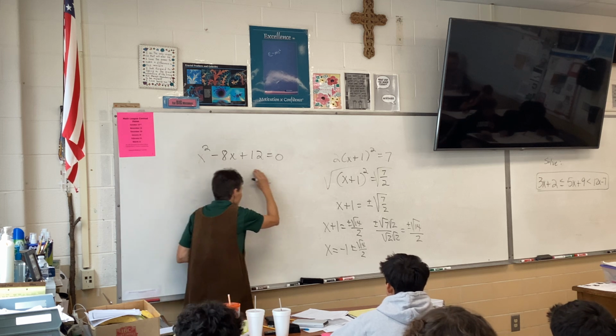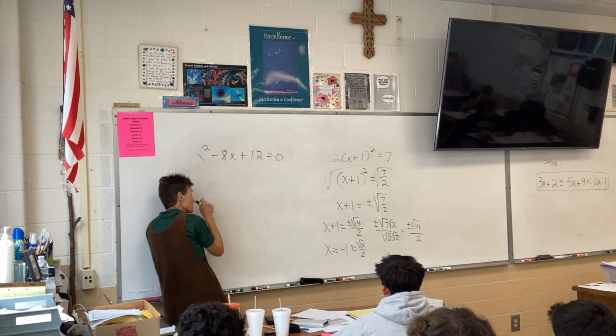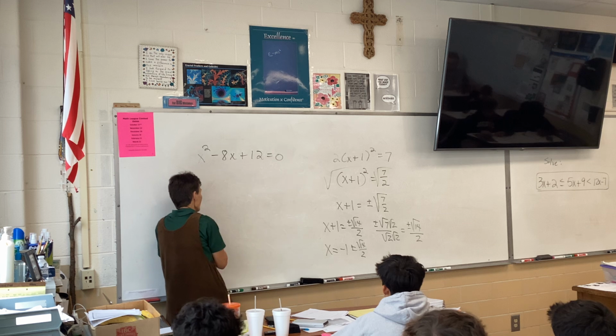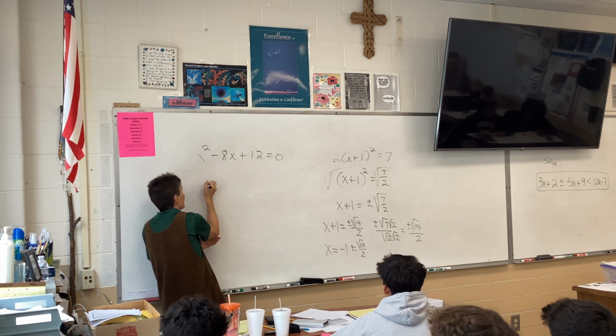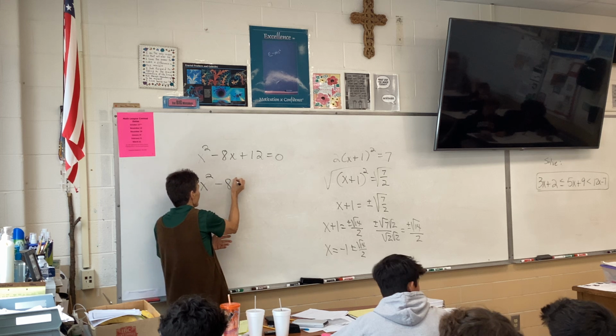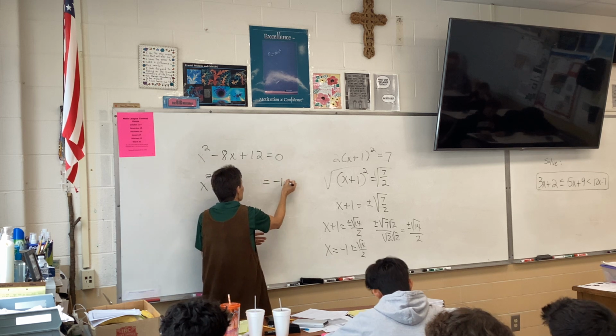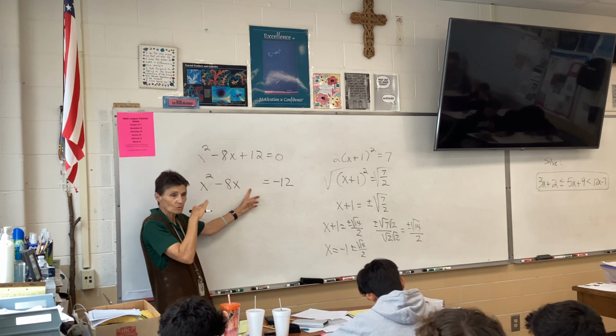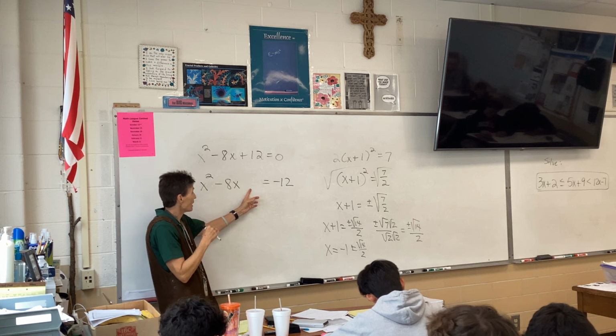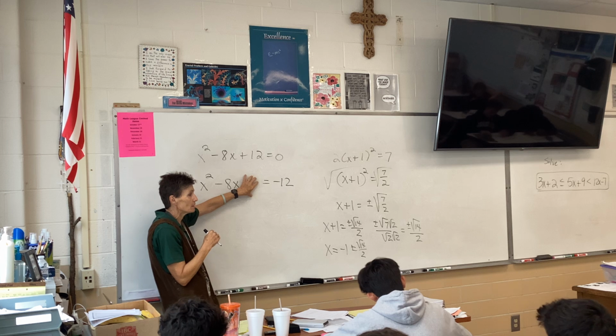So, who can remember, we did this with our circles, how we would start this problem? Divide by 2. Or you move the 12. I move the 12 and leave a gap here because 12's not a good number. I need to find the good number to put here.